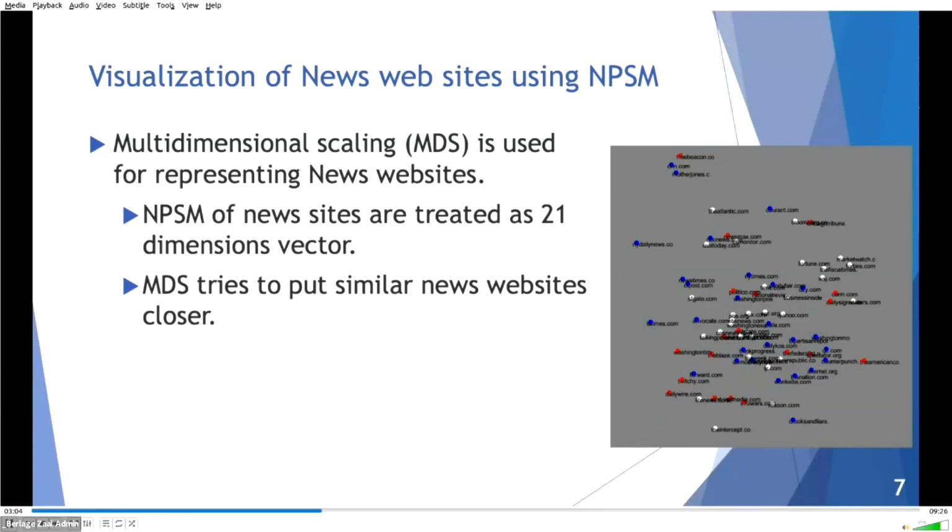For visualizing such multidimensional data, we use multidimensional scaling, MDS. MDS is a well-known dimension reduction technique that tries to keep the original distance in the final representation. As a result, we can find similar objects using this framework.